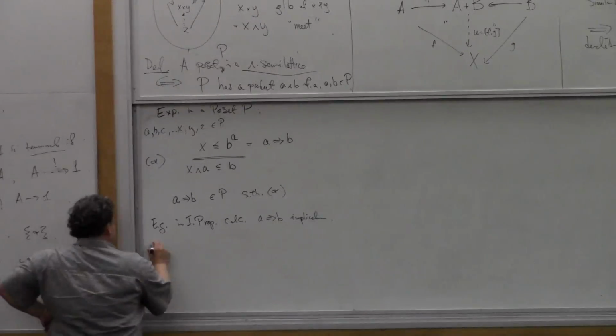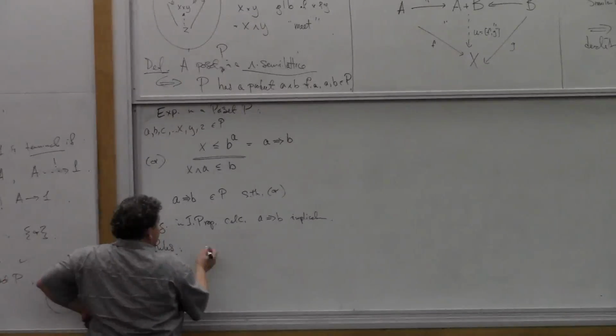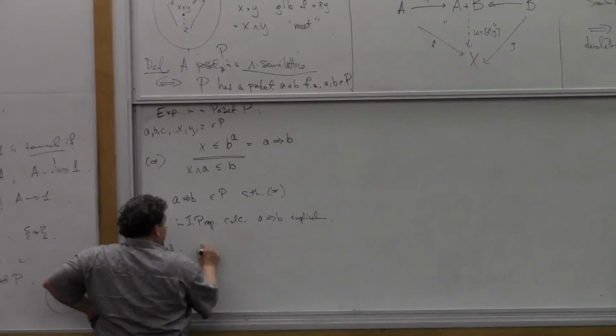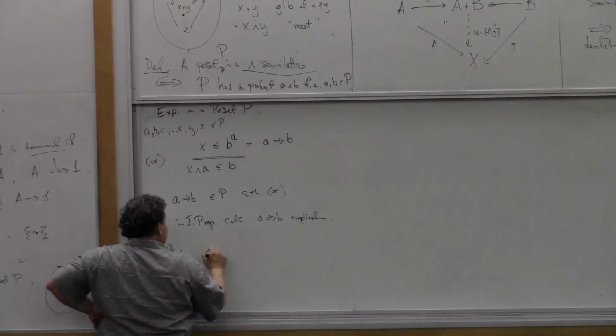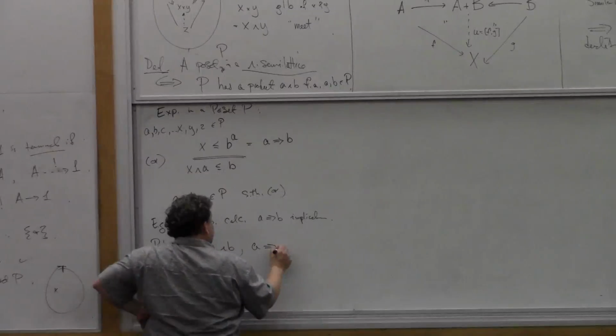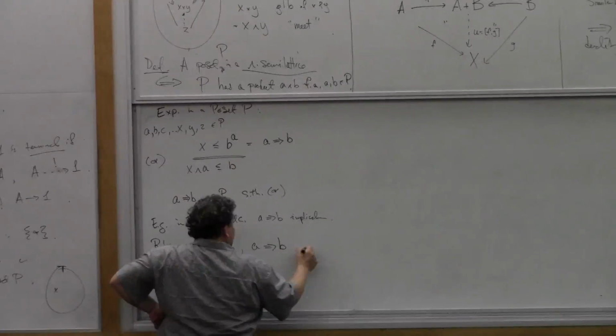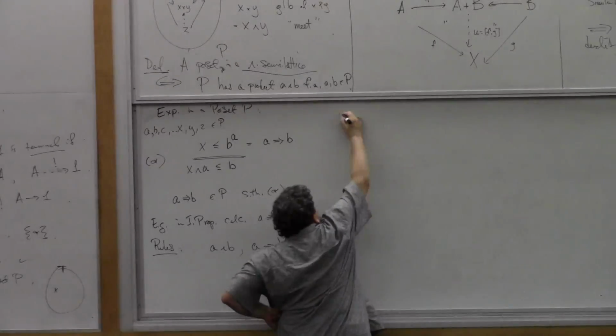We need some rules. So let's take a propositional calculus with some variables and formulas that we build up in the usual way from conjunctions and implications. And we can put a true, constant true in there too if we want to. And then we'll have the rules.